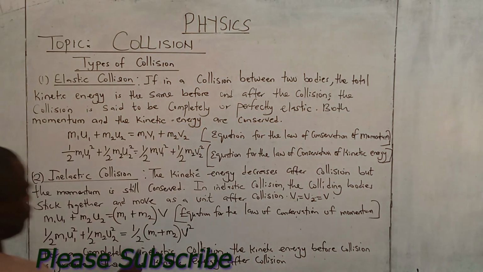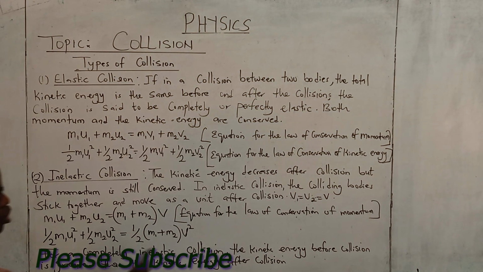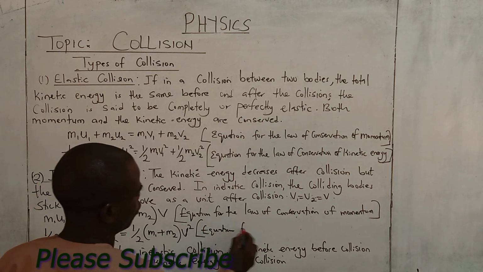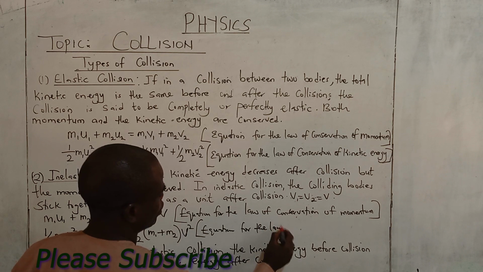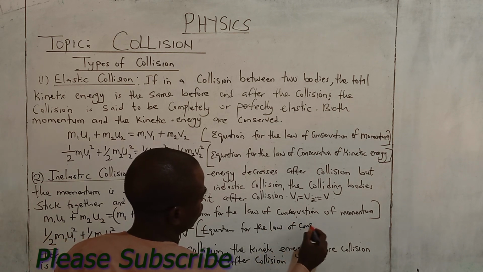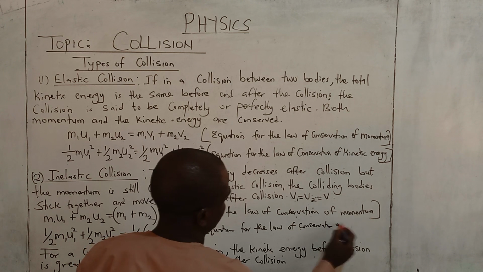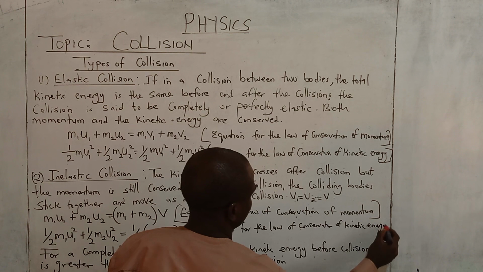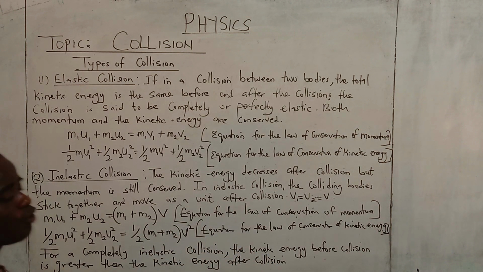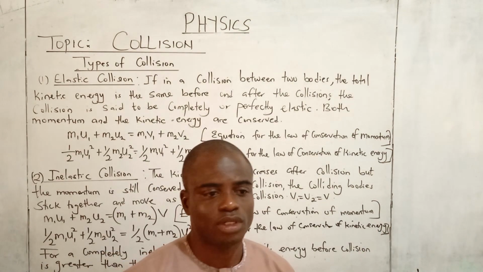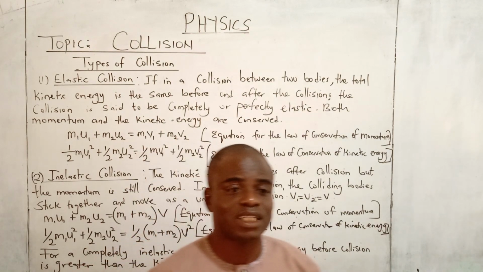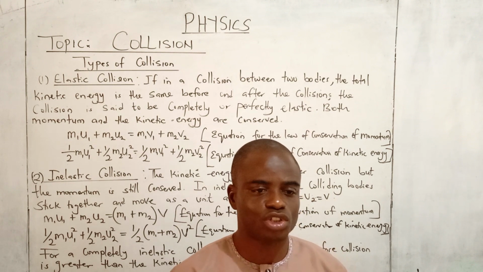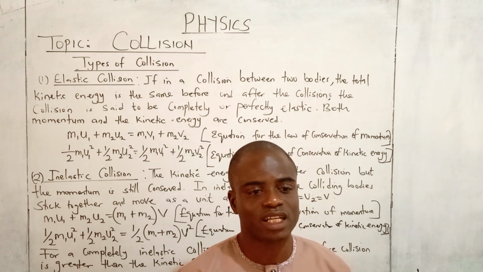That's the equation for the law of conservation of kinetic energy. Note, for completely inelastic collision, the kinetic energy after collision is lesser than the kinetic energy before collision because it reduces in motion. The kinetic energy reduces.